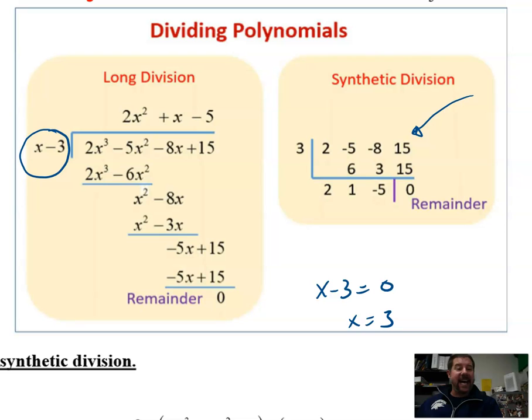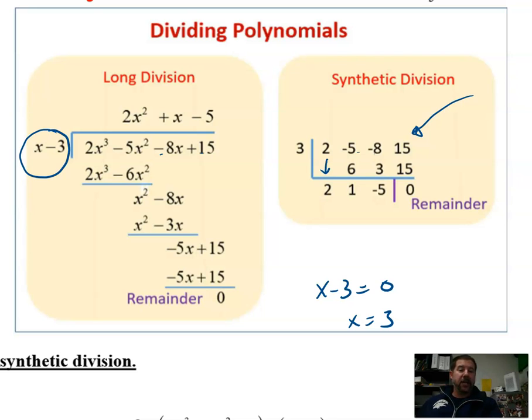On the inside are going to go the coefficients of my dividend: 2, negative 5, negative 8, 15. So the dividend still goes on the inside, but now it's just the coefficients, looks like that. And now we're going to do our normal synthetic substitution like we did before.